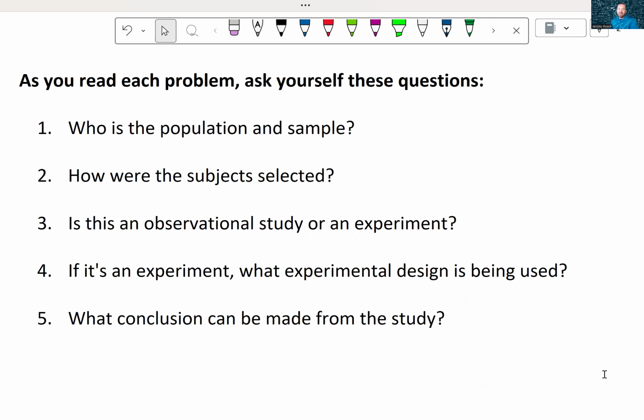And then five is what conclusions can be made from the study. So is this an association or a causation? And then finally, we need to ask ourselves, is the conclusion appropriate? So again, this is what we should be asking ourselves whenever we're considering study design questions.